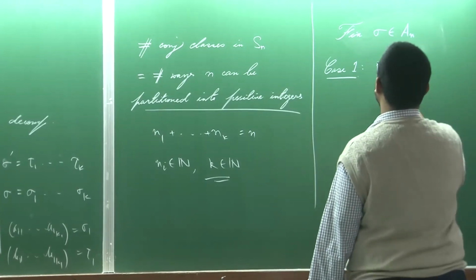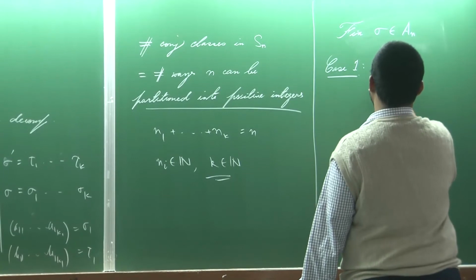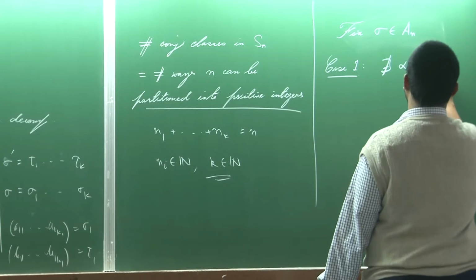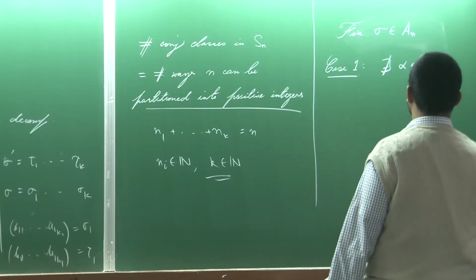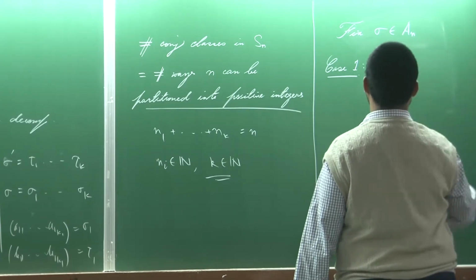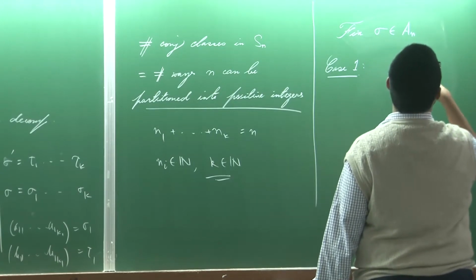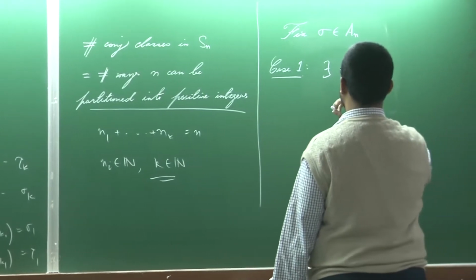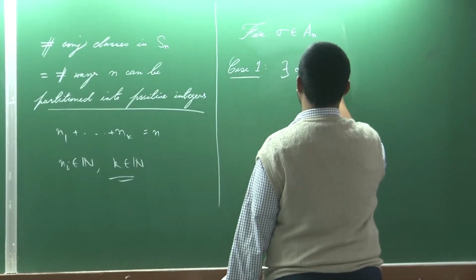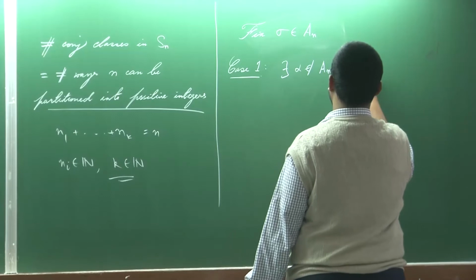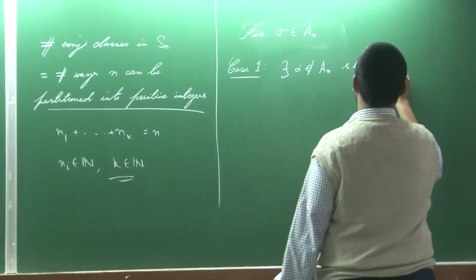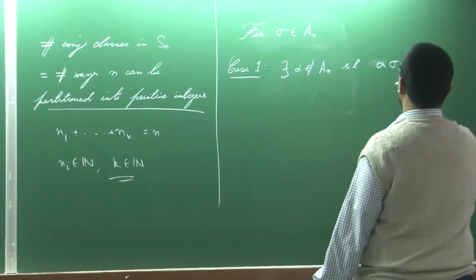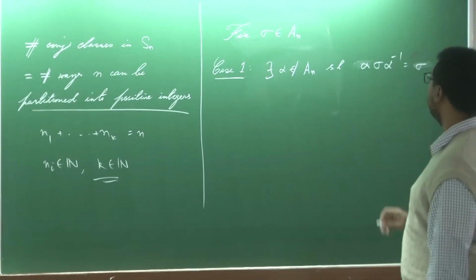So fix some sigma. Case 1: there exists an odd permutation alpha such that alpha sigma alpha inverse is sigma. So there is an odd permutation that commutes with sigma.